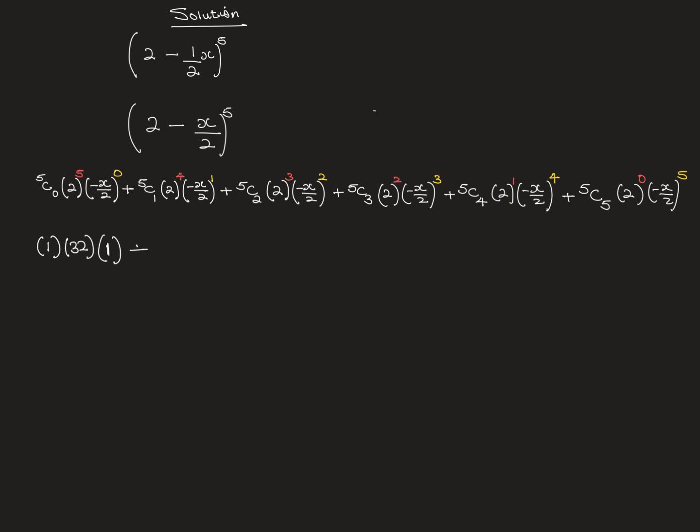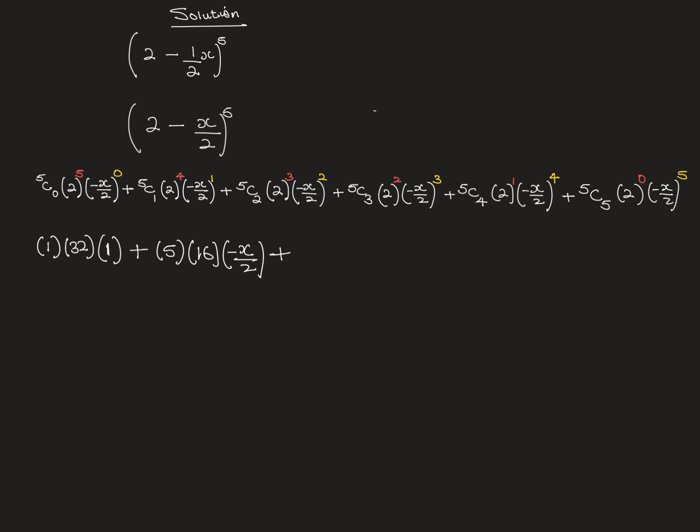Okay. Plus 5 combination 1 is 5, 2 to the power 4 is 16. Minus x over 2 to the power 1 will be minus x over 2 because anything to the power 1 is the same as that thing. Then we move ahead.